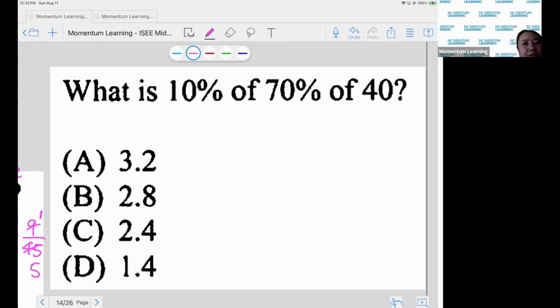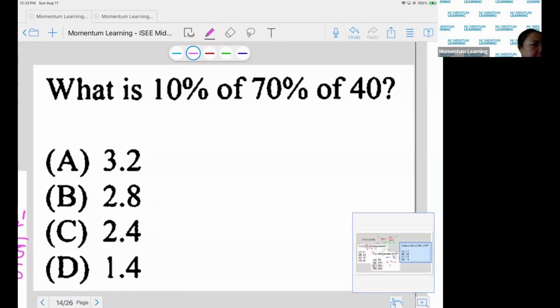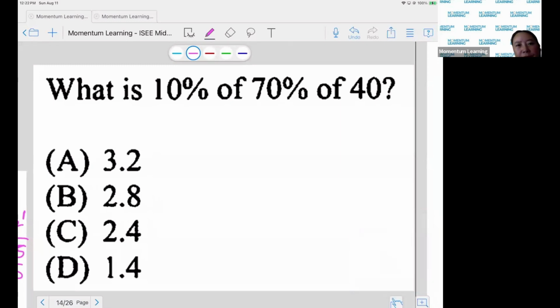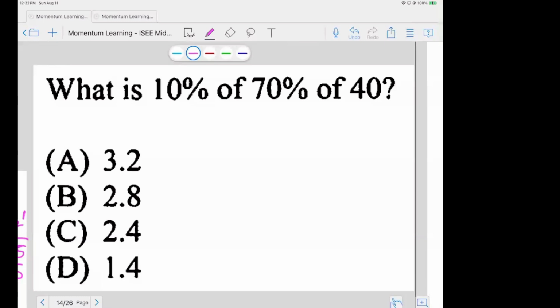Okay, very good. Chris, what did you do for this one? So what I did was 100 and then 70. I can't really explain this, but I just write the percentage into a fraction.